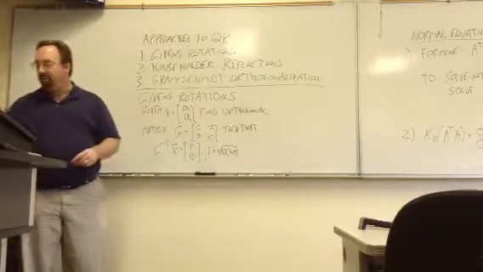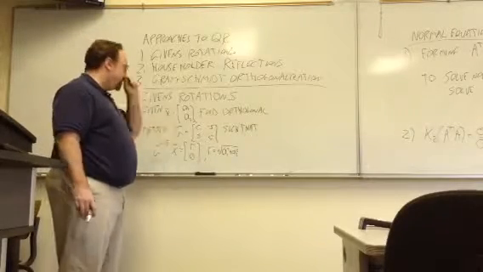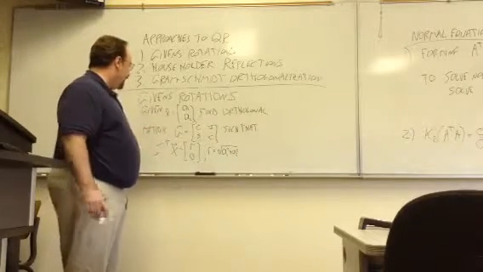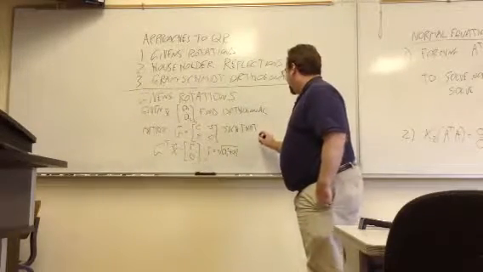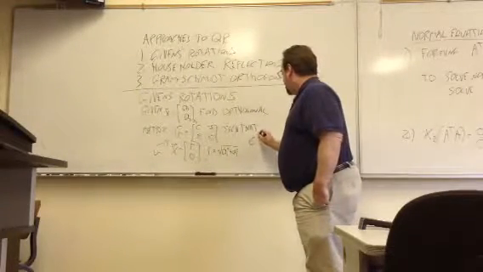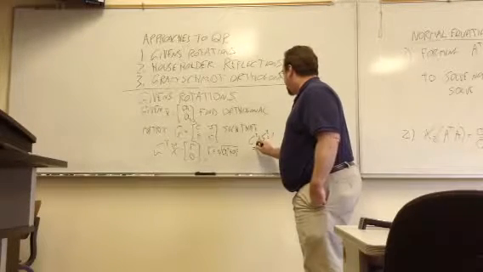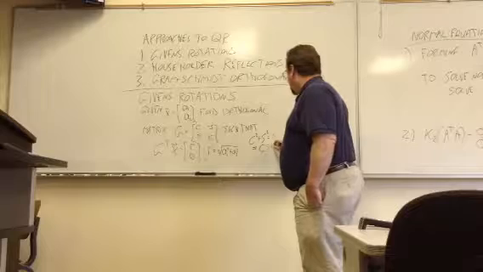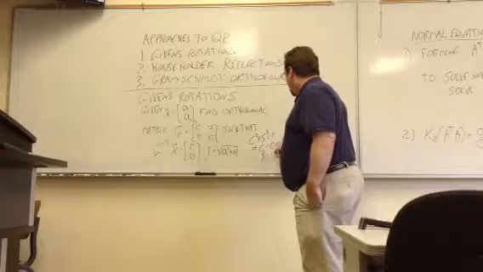Now, R is going to be the square root of the original elements squared. Also, in order for G to be an orthogonal matrix, we need G transpose G to be the identity. So in fact, we have C squared plus S squared equal to 1. What that means is C and S form a cosine sine pair.